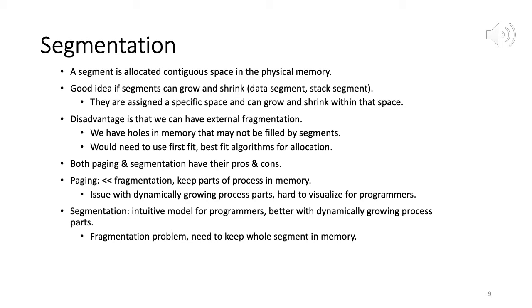Segmentation is better in terms of allowing parts of the program to grow and shrink without bumping into each other. It's a multi-dimensional address space, but the cost you have to pay for that is increased fragmentation. So we have external fragmentation, whereas we know in paging we don't have any external fragmentation at least. Okay.